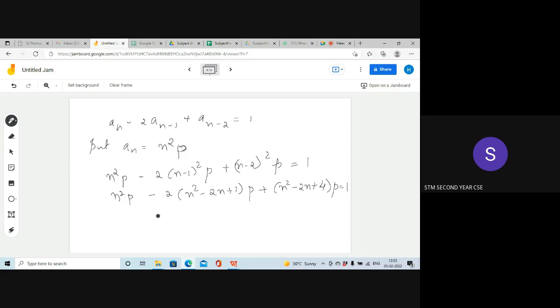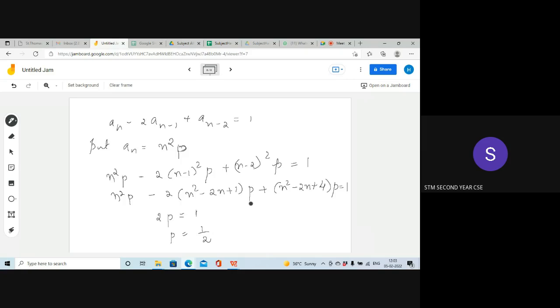I'll give you 1 minute. Please solve and find the answer. Open the bracket and find the answer. Okay. When you solve this, anyway, I'm not going to waste time. You will get 2p is equal to 1, or p is equal to 1 by 2.